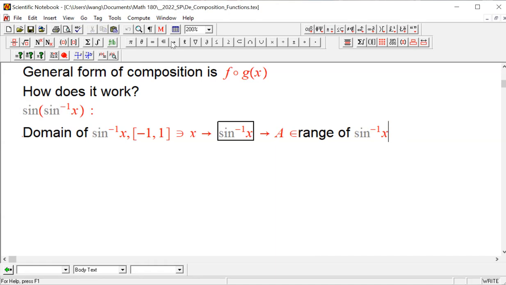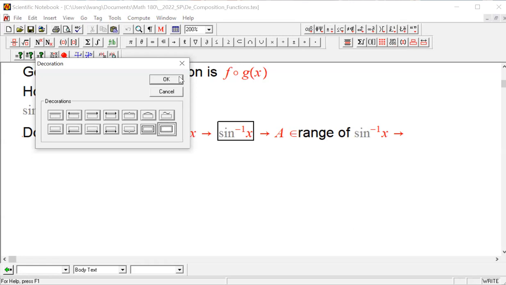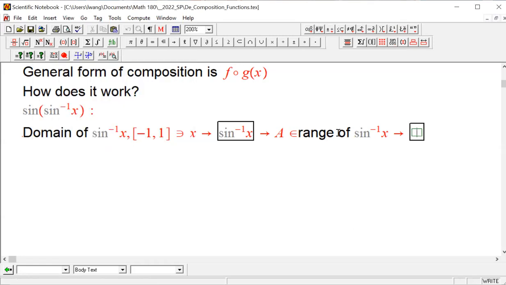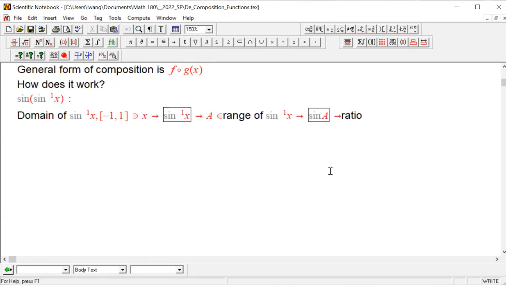Sine takes this angle as input and eventually produces a ratio. So that is the flow, and that's just one of the examples.